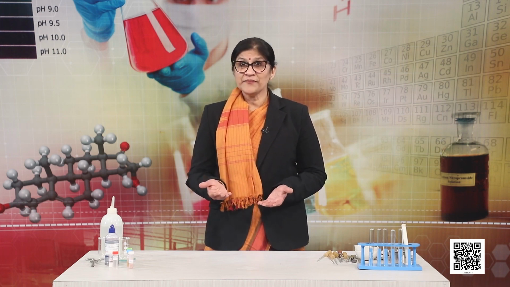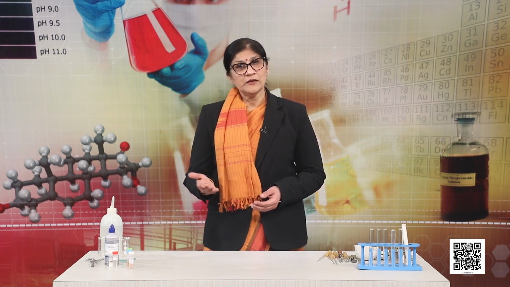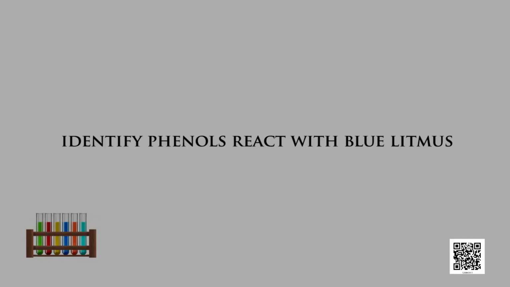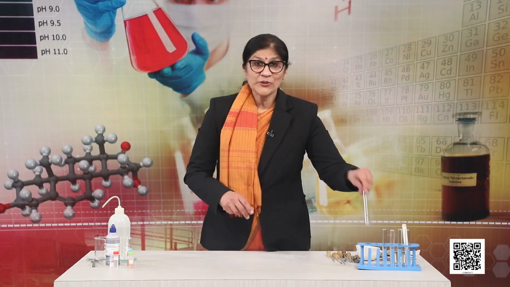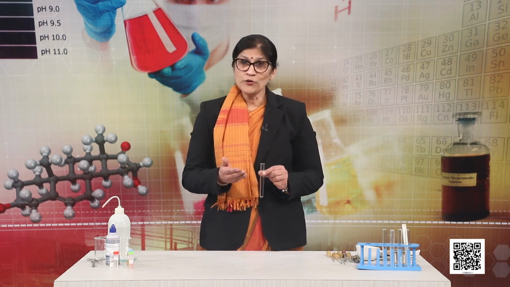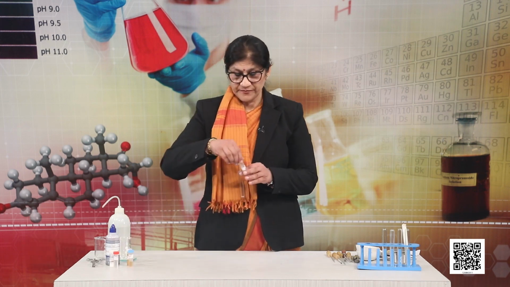So, let us perform this experiment, reaction of ferric chloride with phenol, and we will also see how phenols react with blue litmus. Here let us perform an activity to see how to test for presence of phenols in the chemical laboratory.